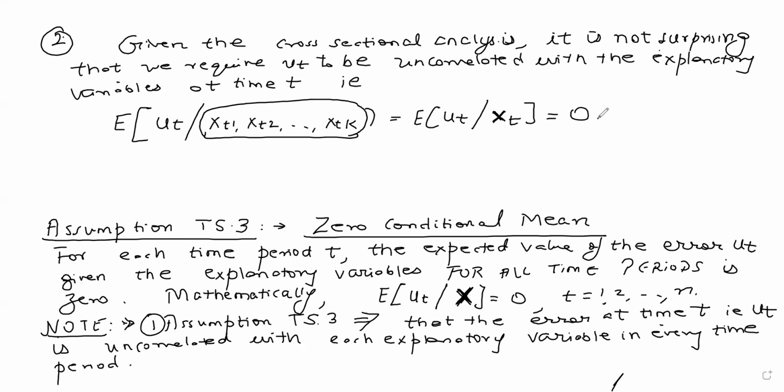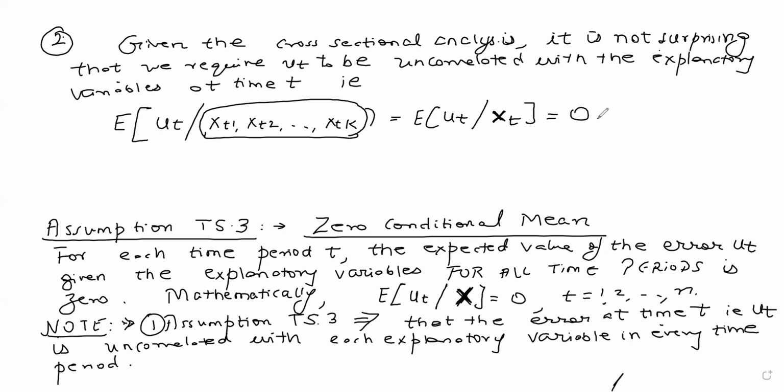If I compare the time series with cross-sectional data, what am I aiming at? I am trying to convince all students that in the cross-sectional data, the population error term ut is only mean independent of xt. But in the time series analysis, my error term ut is not only mean independent of xt, it is mean independent of all x's across all time periods.